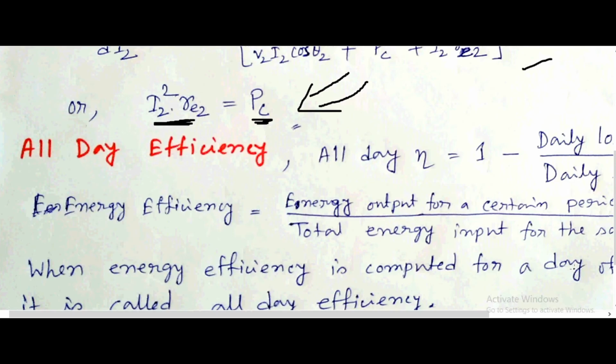But in a distribution transformer, its secondary is connected to domestic consumers, and the load varies over a wide range during 24 hours a day. So for a distribution transformer, computing the all day efficiency is important.